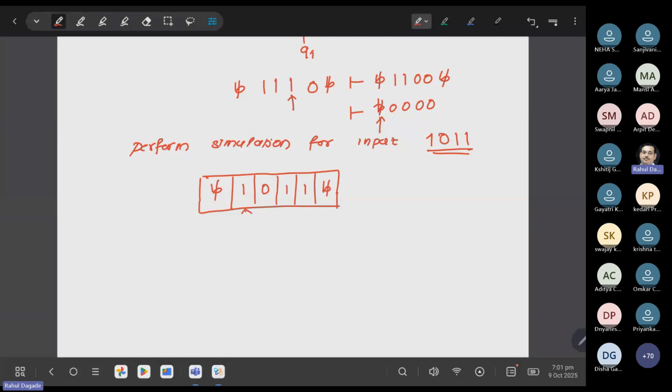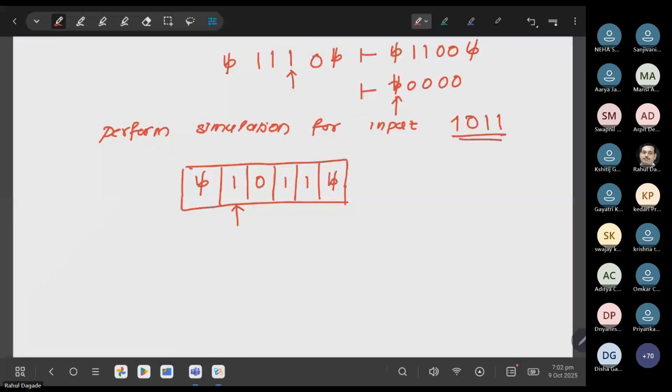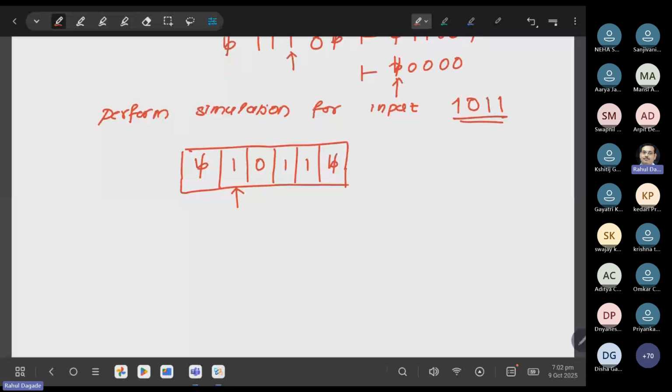So it starts with delta. Q0 is the state, the input is blank 1011 blank, and the pointer is here. Now what is Q0 doing? It is doing 1's complement. So in Q0, the 1 is converted into 0, giving 0 0 1 1 blank, and the pointer moves on.